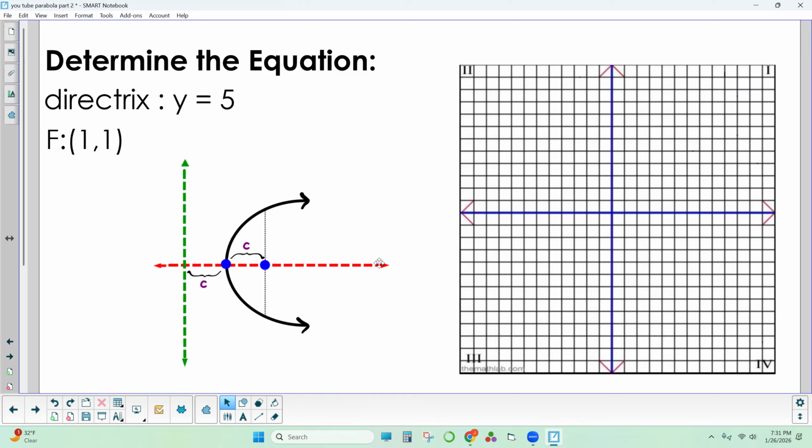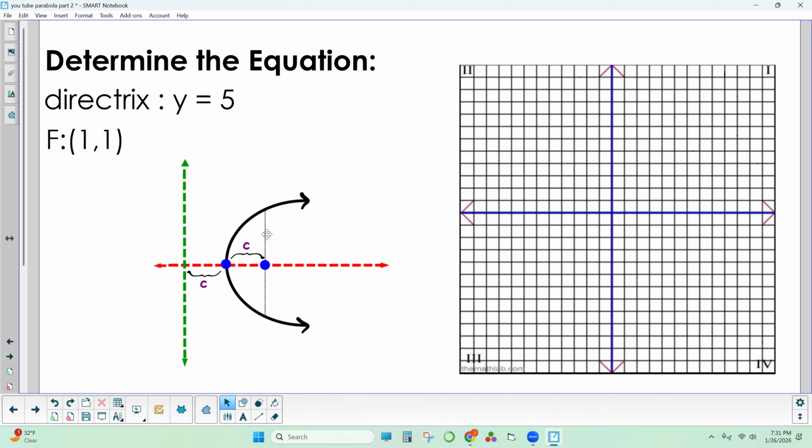And this horizontal line that is bisecting the parabola is called the axis of symmetry, okay? And this line through the focus is what we refer to as the focal width, the width of the parabola through the focus, which happens to be 4 times this distance c.